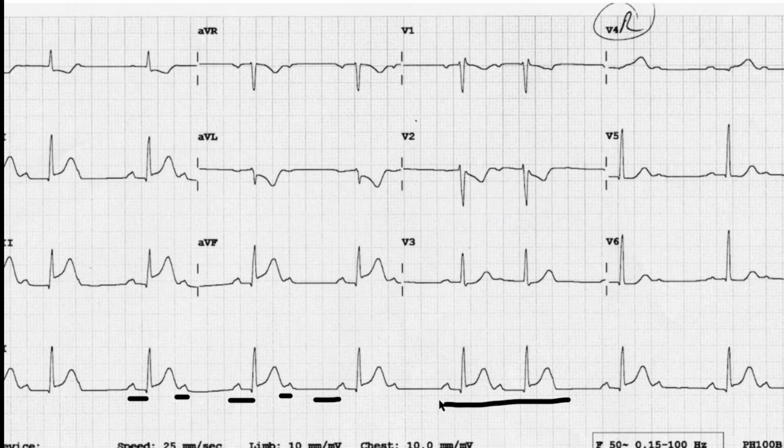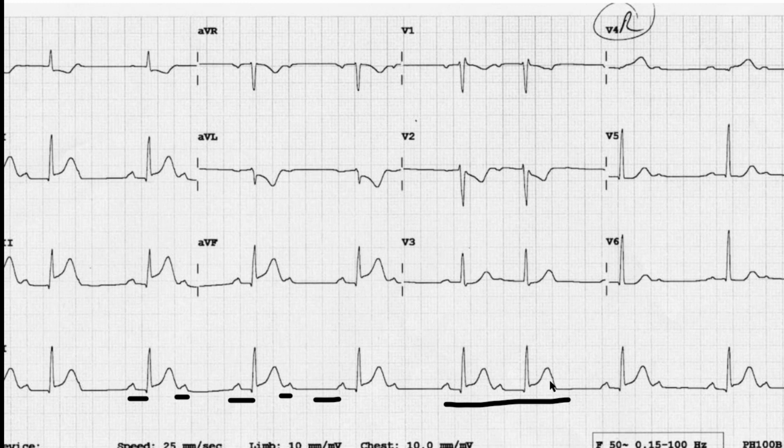However, if you focus on these beats, you can see that there is a P wave followed by a QRS complex, then there is another P wave, but there is prolongation of the PR interval as compared to the preceding PR interval. While in the next cycle there is a missed beat.